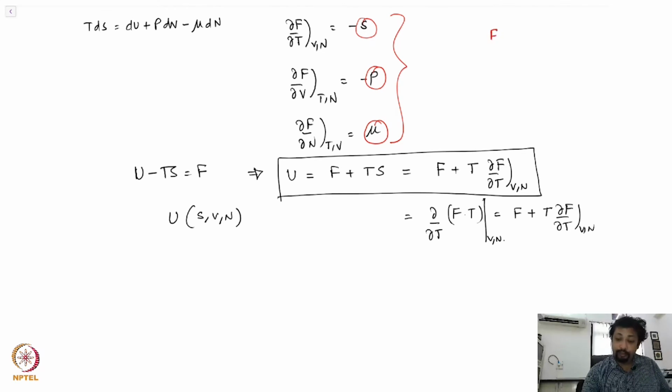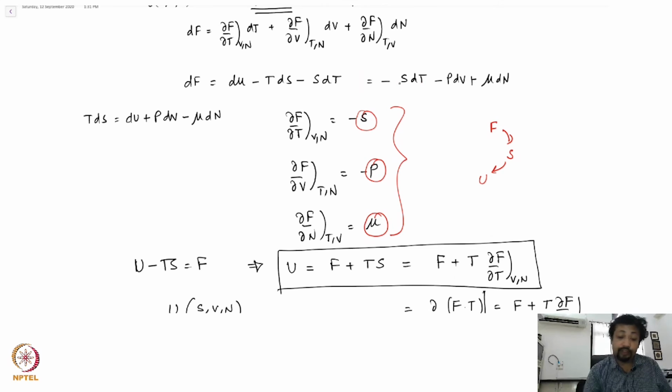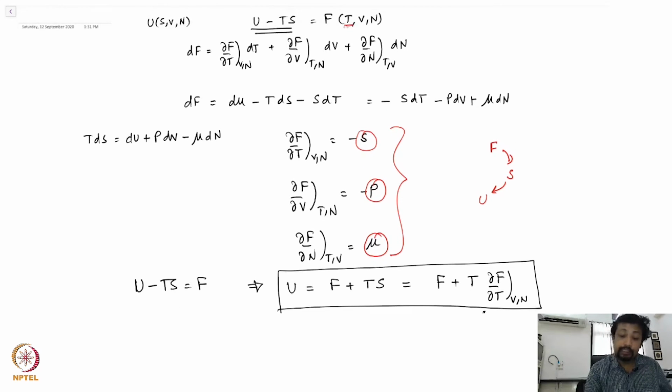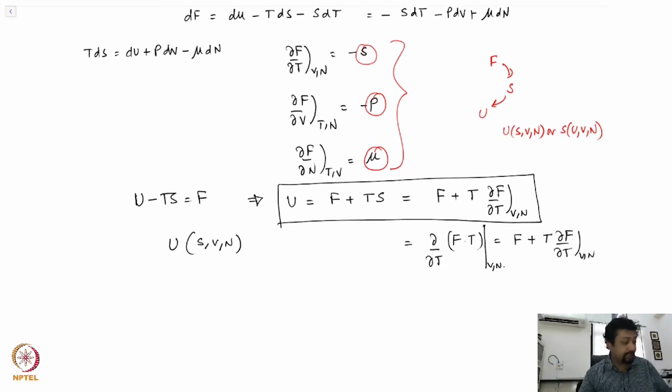So you know F, from this you calculate S, from this you calculate U. And then you also know P and mu, the generalized forces that are given to you, and F is always going to be a function of T, V and N. So you see, from these relations you can eliminate T and you can reconstruct back the fundamental relations, U as a function of S, V, N or S as a function of U, V, N. We will do it as an exercise at a later stage.